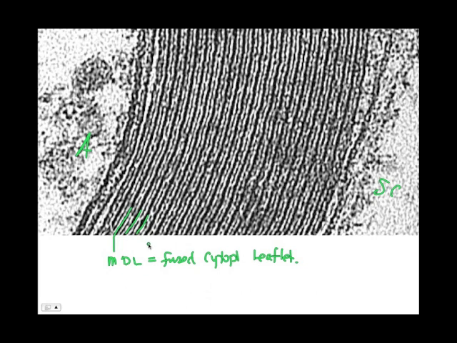And here in blue is the intraperiod line, which is the fused or opposed extracellular leaflets of the Schwann cell plasma membrane.